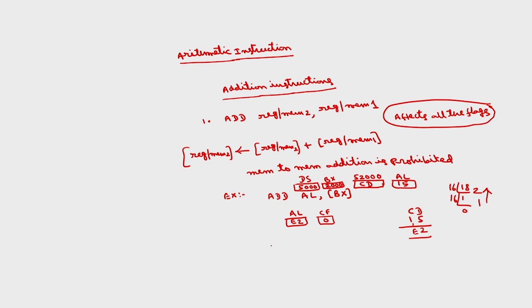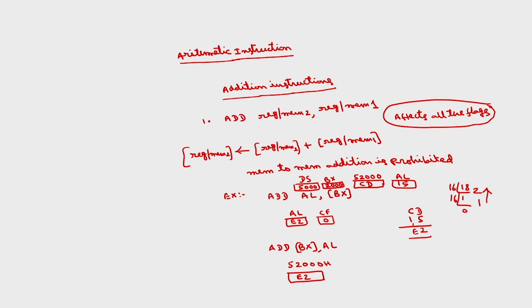If you have ADD [BX], AL, then this result E2 will be stored in 52000H. So one of these two operands should be a register, both cannot be memory. This is a simple ADD instruction.